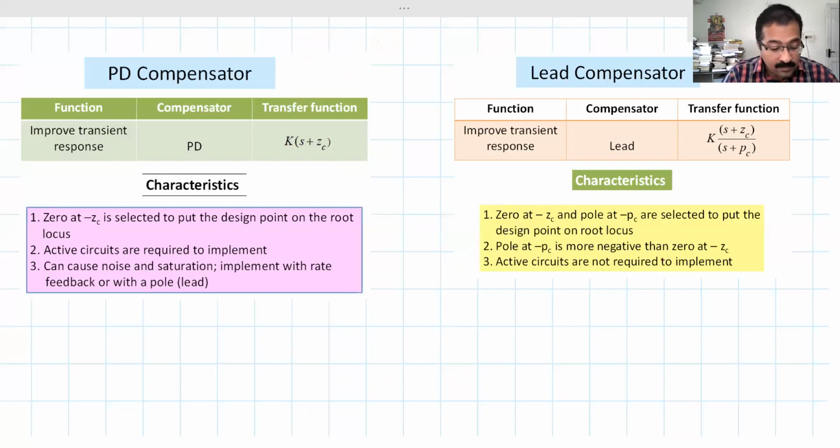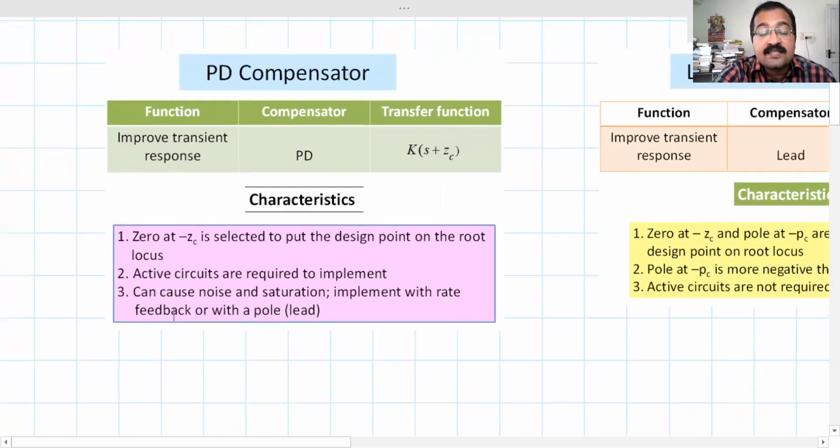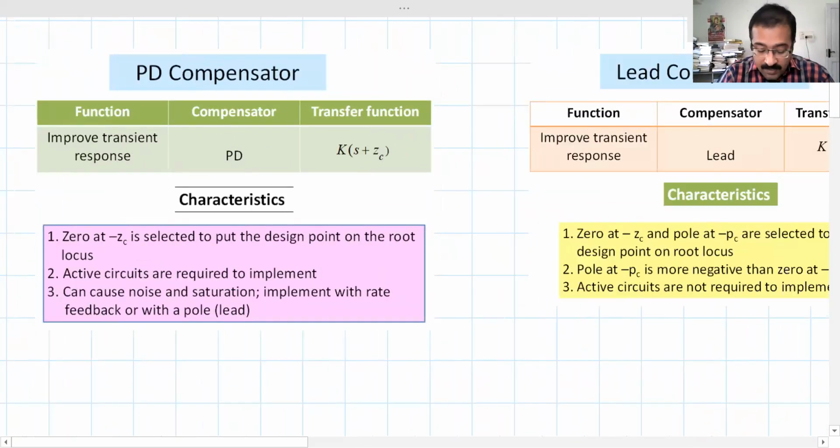So you can see here what are the characteristics of the PD compensator, right? A PD compensator will insert a zero at s equal to minus ZC. What's the general transfer function? The general transfer function is Kp plus Kd into S. Now, if I take the Kd outside the bracket, what will you get?